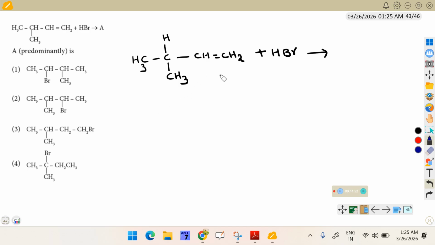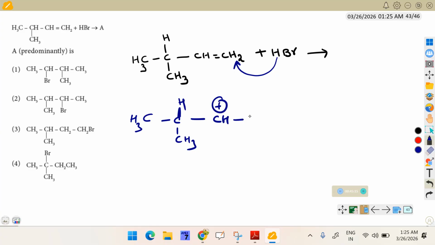Identify the correct product. Alkene plus HBr follows Markovnikov's rule. First, add the hydrogen atom from HBr to the unsaturated carbon which contains more hydrogens. Then it is converted like this: CH3, CH, positive charge, CH3. The carbocation formed is a 2-degree carbocation.